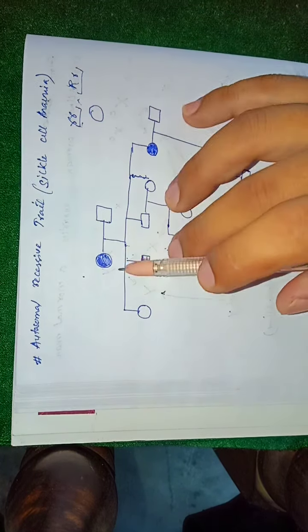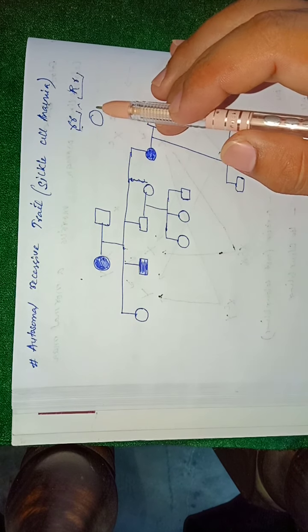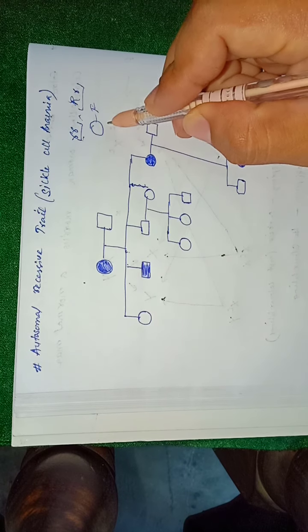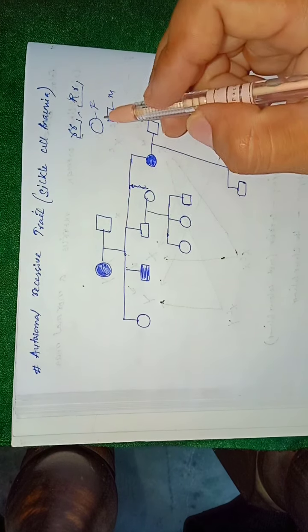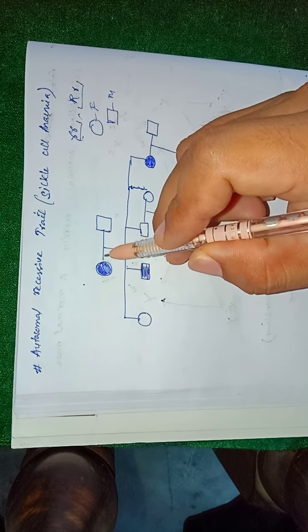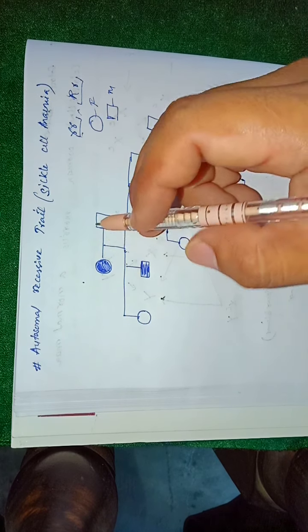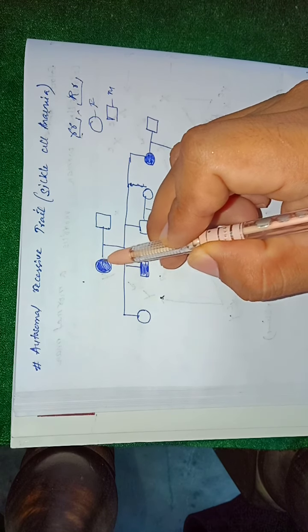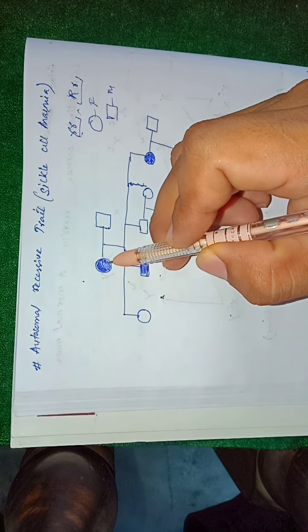Now, to understand this, a round symbol indicates female, a box indicates male, and the line between them indicates marriage, intermarriage. A round symbol filled with black or blue color indicates the infected.